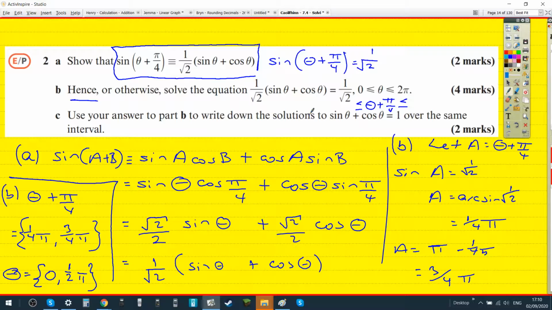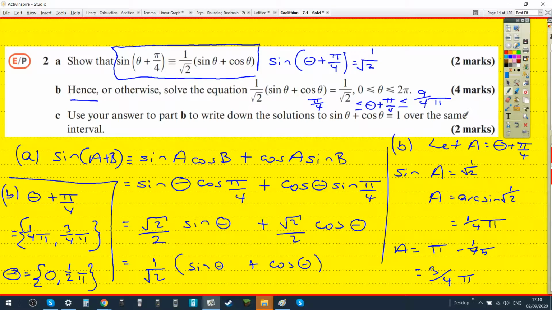Yep. So the lower one will be pi over 4 and then the upper one, 2 pi plus 1 over 4 pi is 9 over 4 pi.